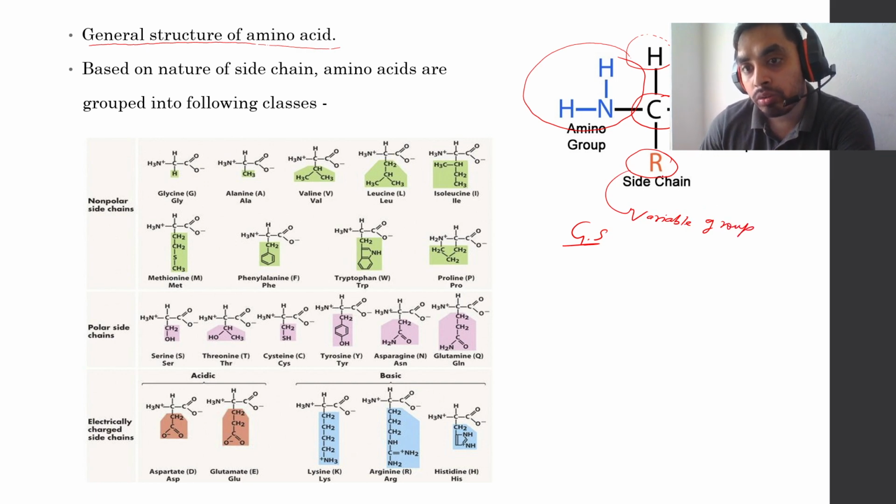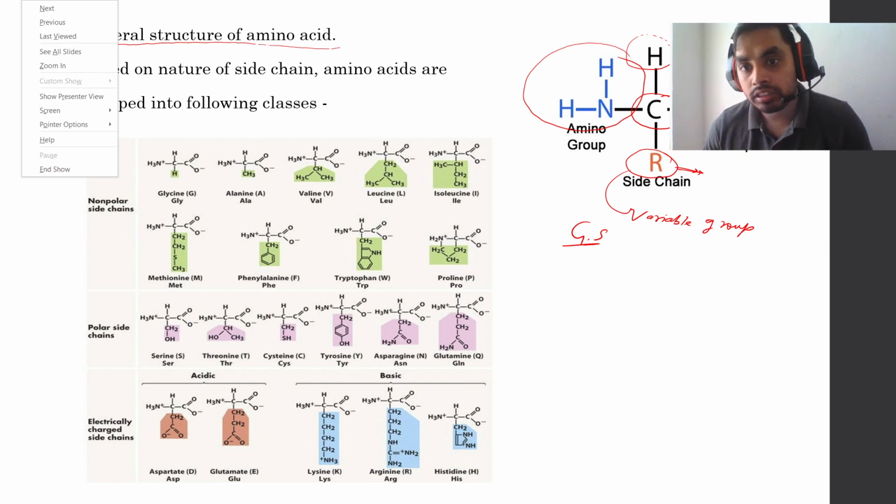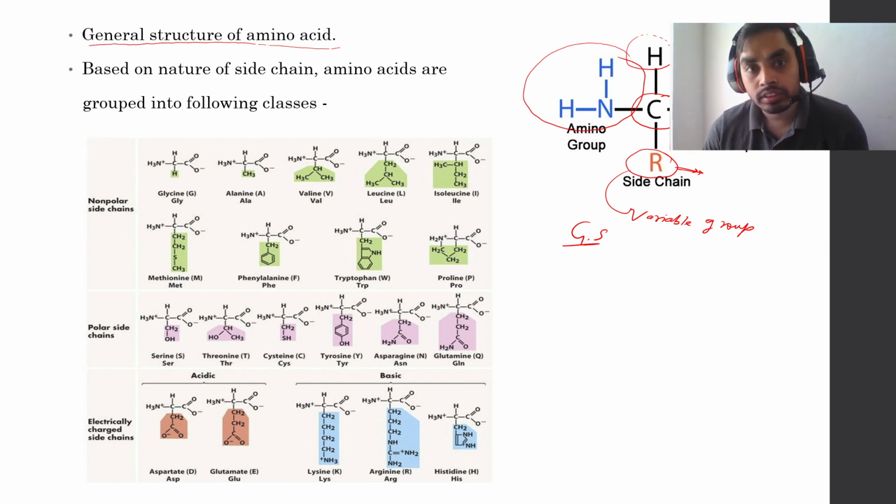This R group changes for different amino acids, and in this way different amino acids are formed. Rest is the same.